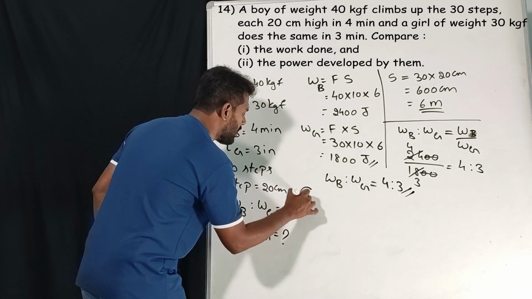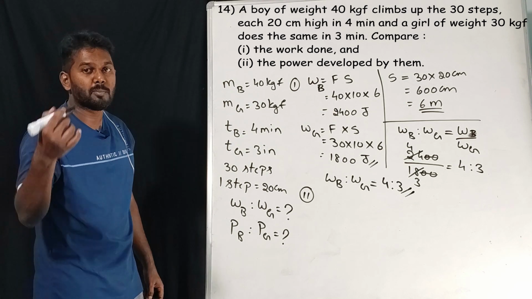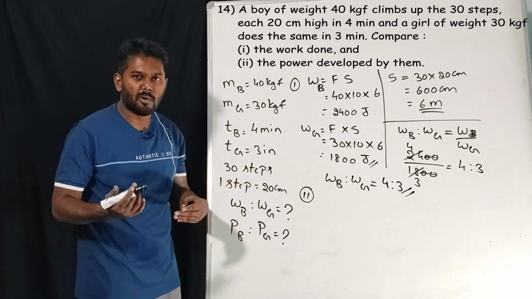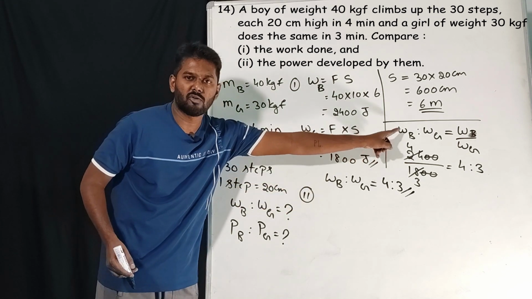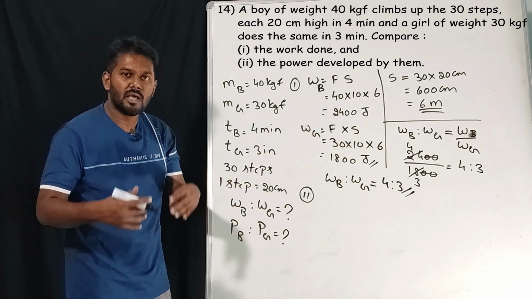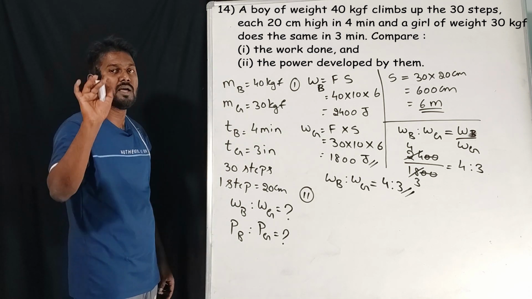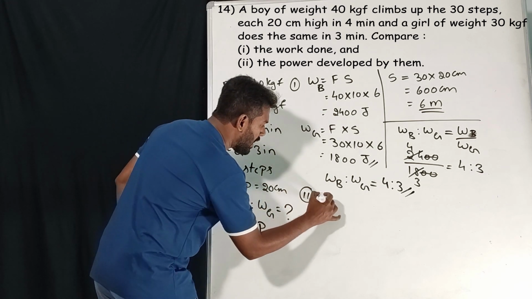Second one, we have to talk about power spent by the boy and power spent by the girl. Like this we can calculate the power spent by boy and girl separately, then we can substitute, or else we can directly substitute the values and get the answer. In both the cases we are going to get the same answer. So we will directly write the answer.